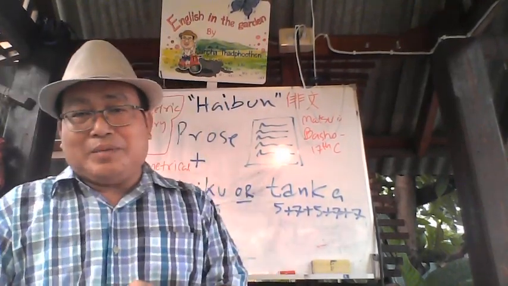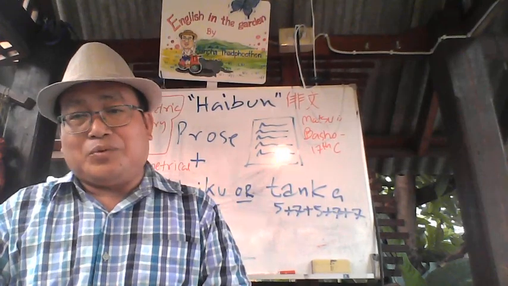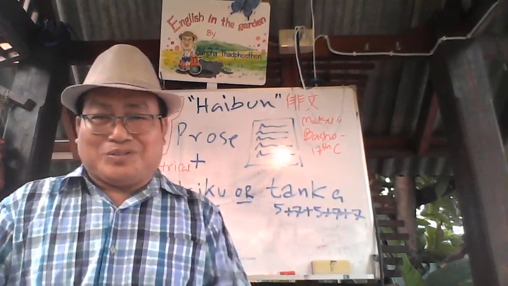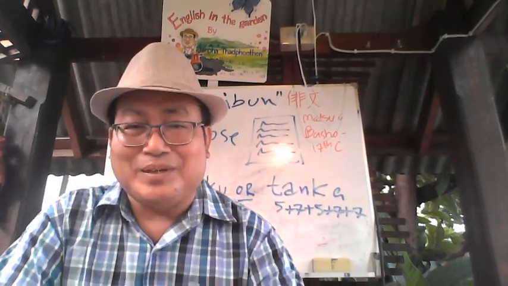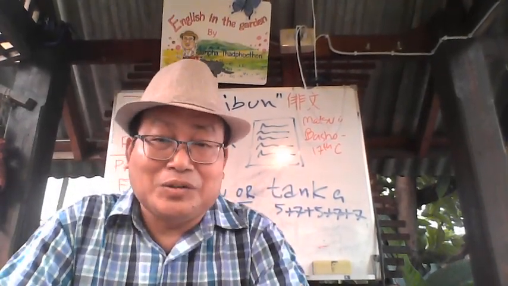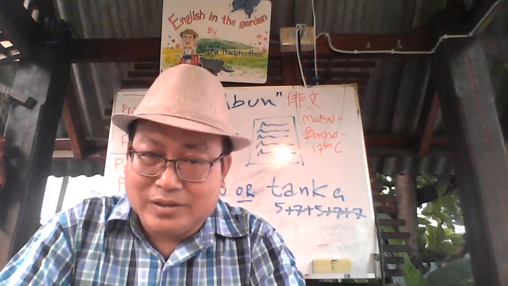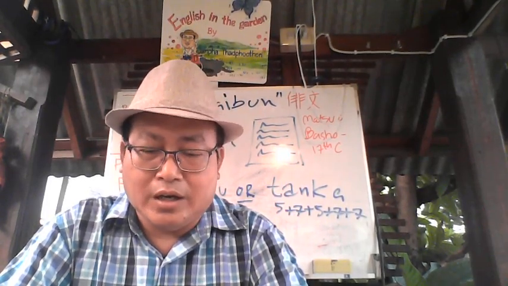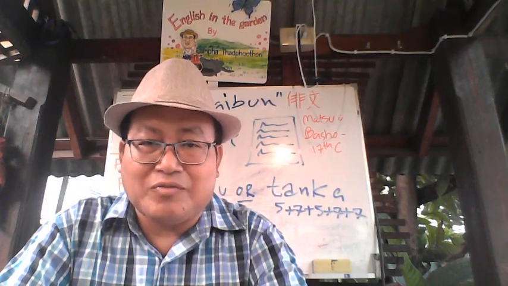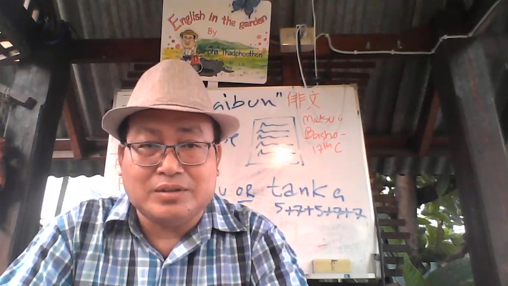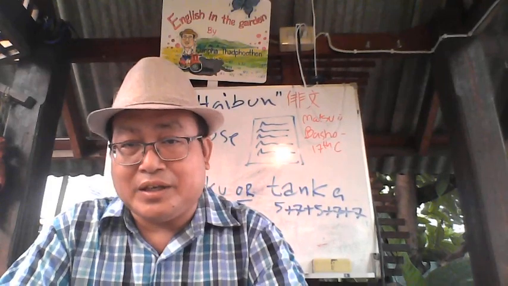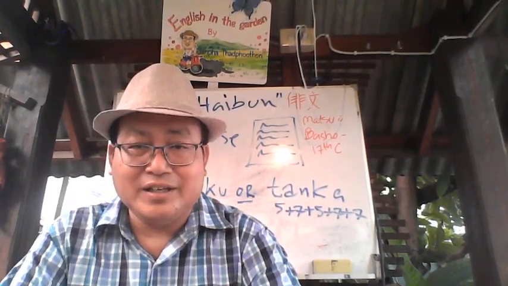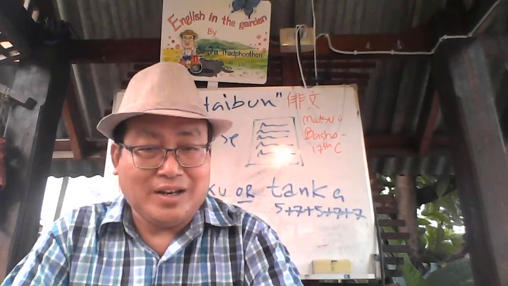Haibun. If I have more time, I will share with you some of the haibuns I composed. They're not the best, but it's personal. Rather than just keeping your travel logs or your daily notes, writing a haibun can be enchanting, delightful, and fulfilling. Try it, and you will love it.